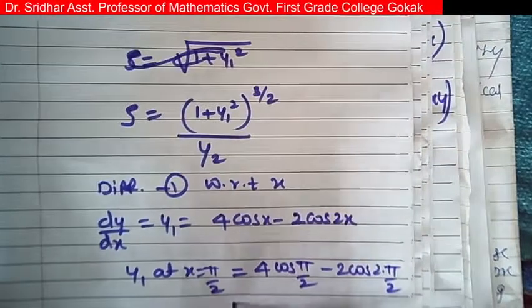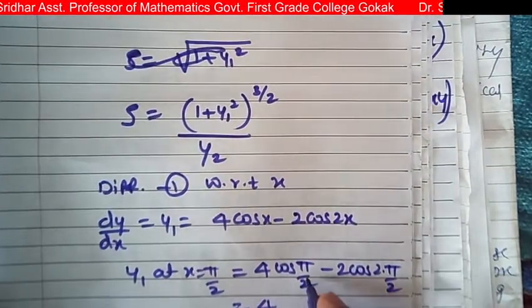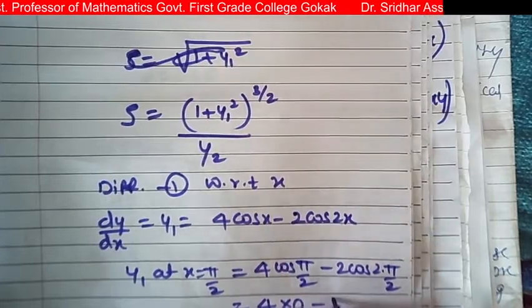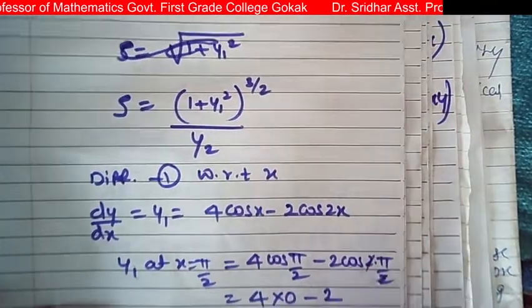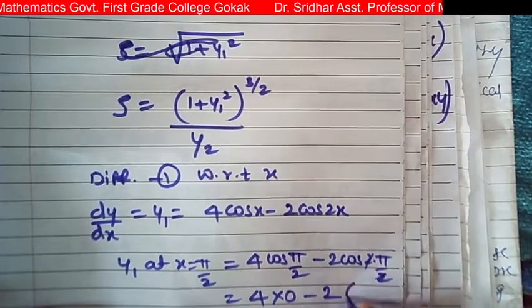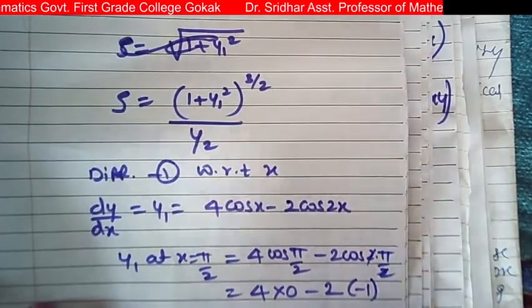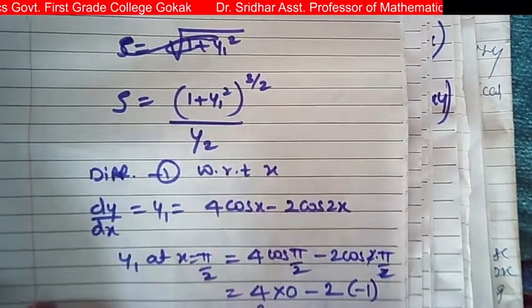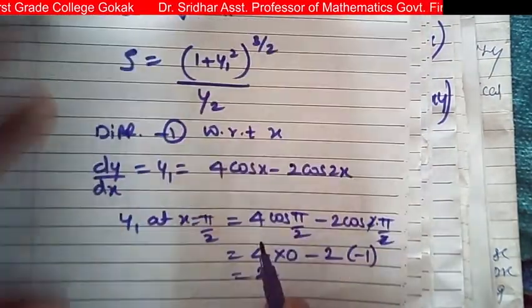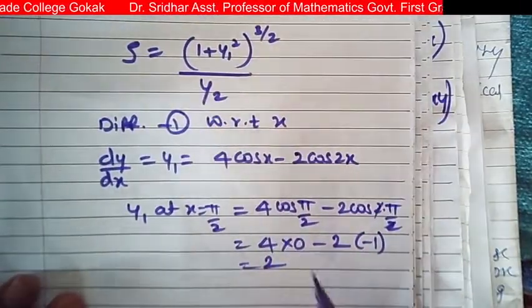Cos 90 degrees is 0, and cos pi is minus 1, so minus minus becomes plus, and it is equal to 2.